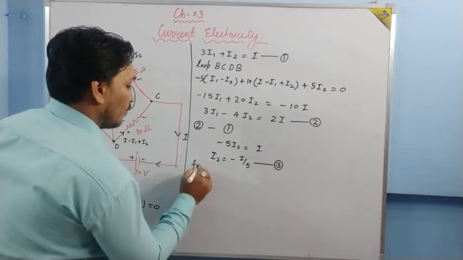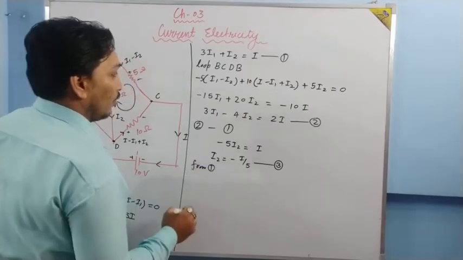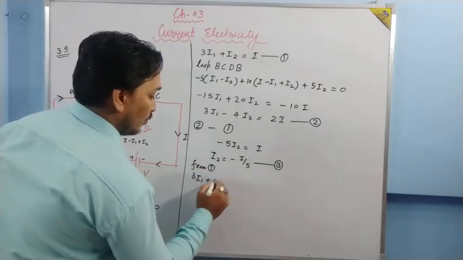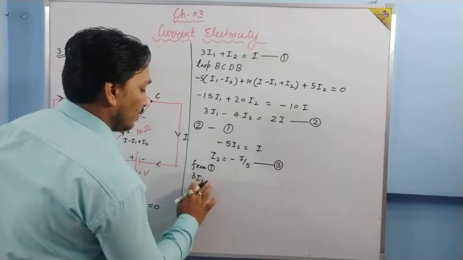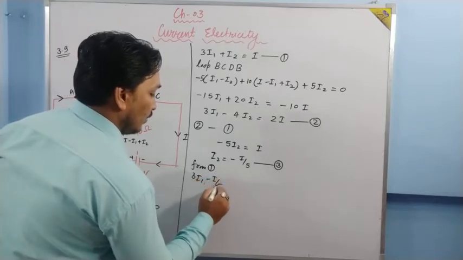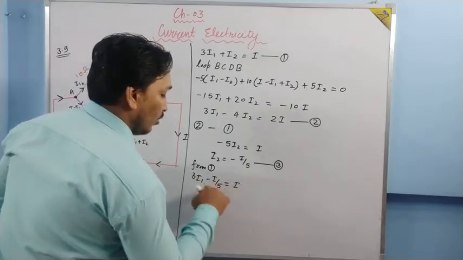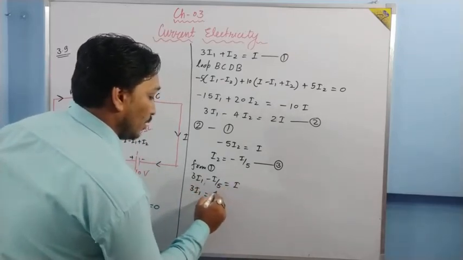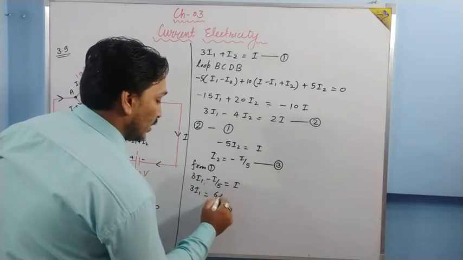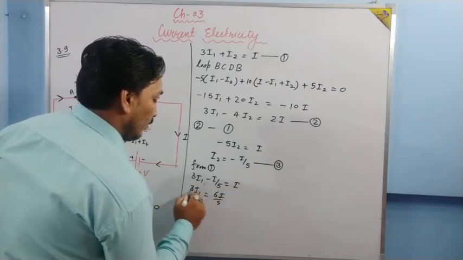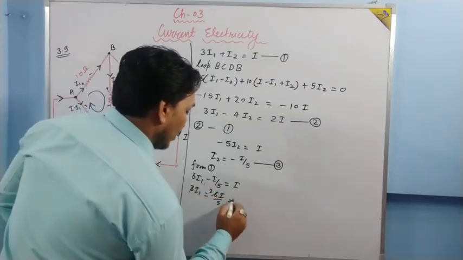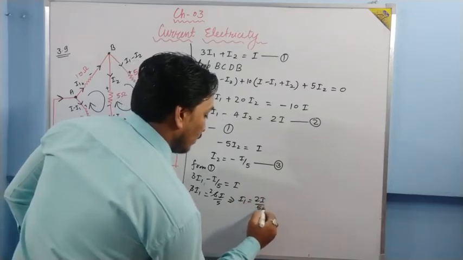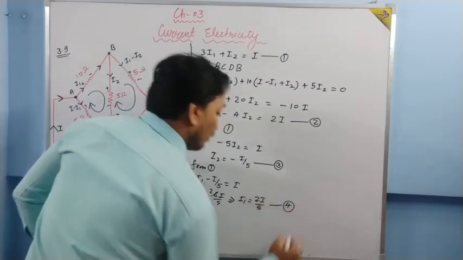So it will become 3I1 plus I2, so I2 is minus I by 5, minus I by 5 is equal to I. Now this is transferred to that side. It will become 3I1 is equal to I plus I by 5. It will become 6I by 5. 3 will cut 6 two times. So basically I1 will be equal to what? 2I by 5. It is equation number 4.